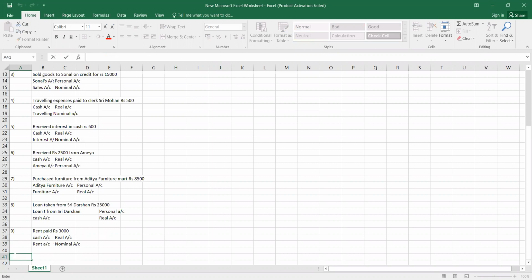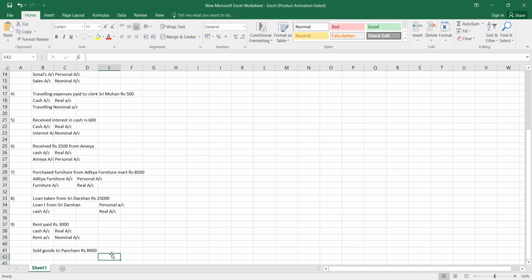Sold goods to Pancham, rupees 8,900. Now what has happened here? Sales. Whenever goods are sold, the account that is impacted is sales.